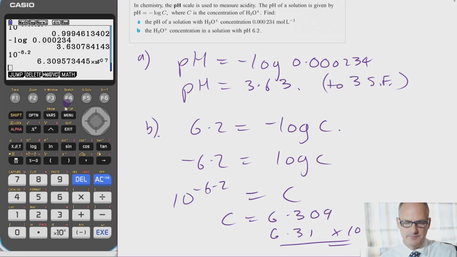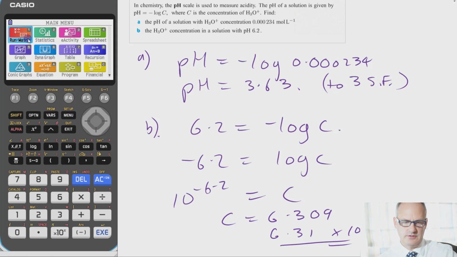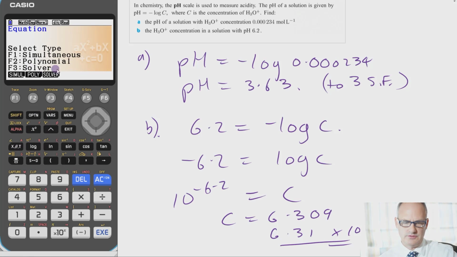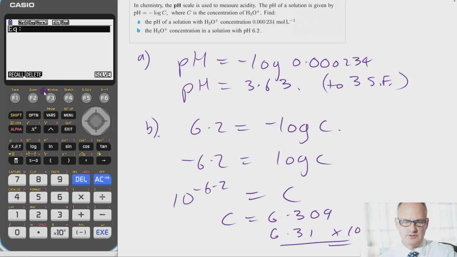Okay, so let's just show you how you can do that using your calculator. So if you want to go to the equation solver, so alpha A, or you can just move it using the cursor, go to solver.